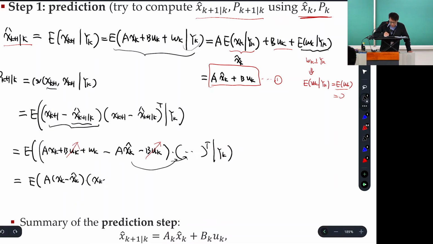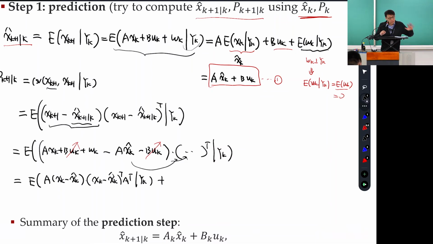Times xk minus xk hat A transpose given yk, that's my first term. Okay, I'm missing a lot of terms yet. I take this minus this, right? And I group them and multiply by whatever the corresponding term in the transpose. So I put this, and there are also some cross terms.